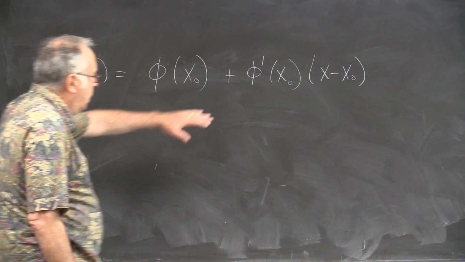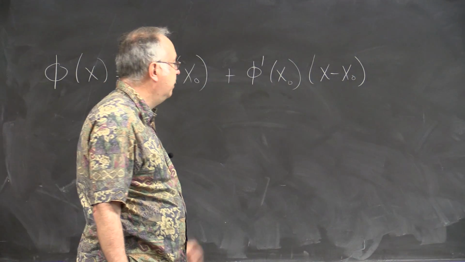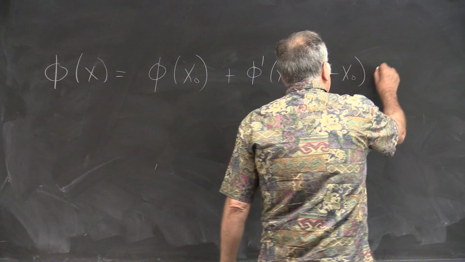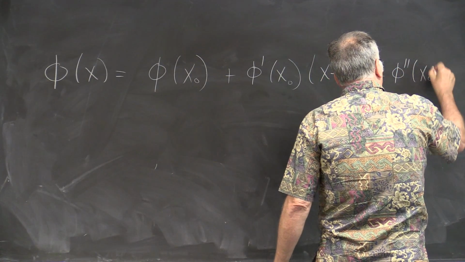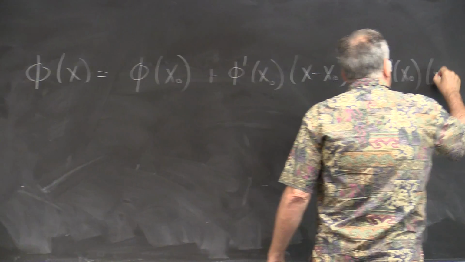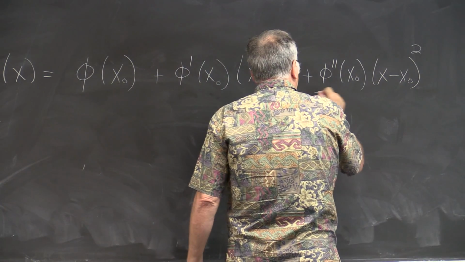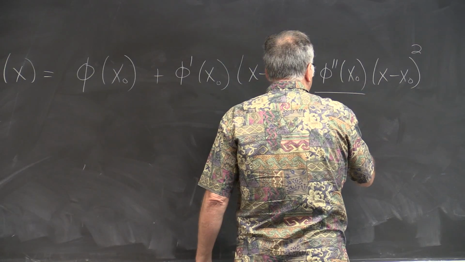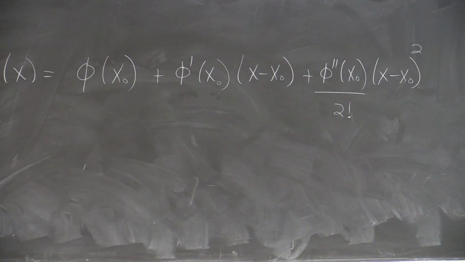You could put a 1 factorial down here, but that's just 1, so I'm going to omit that. Plus the next term would be phi double prime evaluated at x of 0 times x minus x of 0 quantity squared, over 2 factorial. 2 factorial is 2, so you could just write it as 2 if you wanted to.